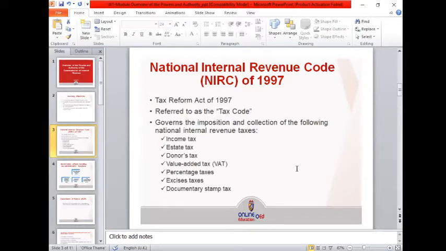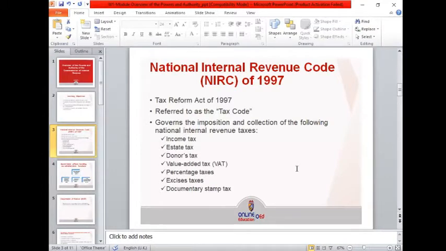This Republic Act talks about the national taxes imposed and exercised by the national government, which is the BIR, that governs and imposes the collection of the following national internal revenue taxes. And what are those taxes to be collected by the Bureau of Internal Revenue, which is the authorized government agency to exercise this kind of taxation power?